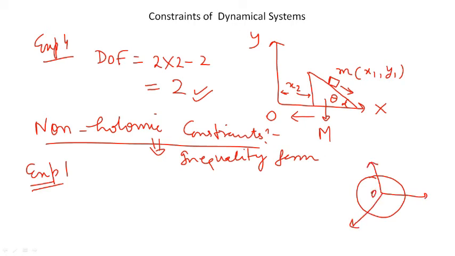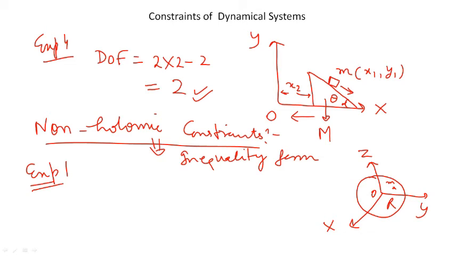Say this is your O, this is the x-axis, this is the y-axis, and this is the z-axis, and this is your mass m. Let us say O is the origin of the sphere and its radius is capital R. What I have said is that a particle is moving inside the surface of the sphere.